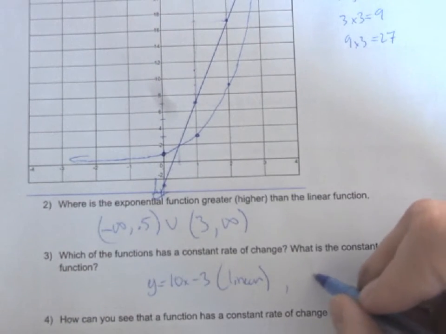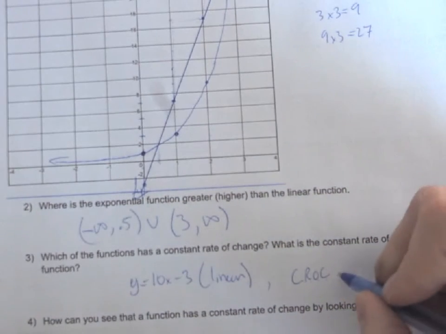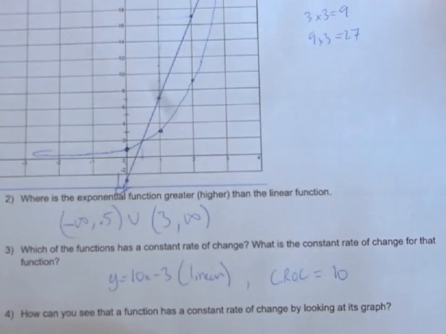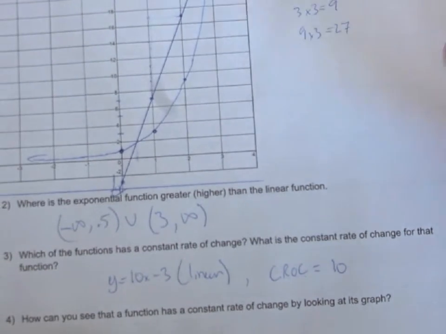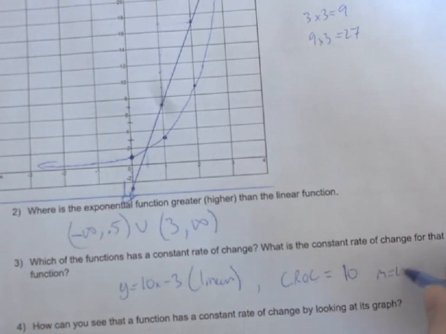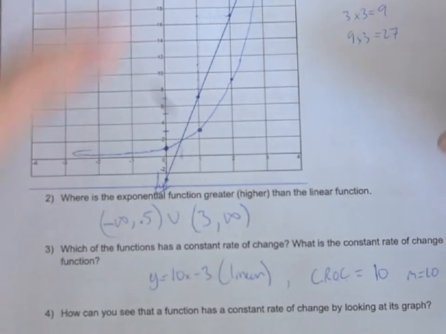And then the constant rate of change, I'm going to do CROC, croc for constant rate of change, is equal to 10. And remember, that's the slope. It's the same thing as slope. So you could also say m equals 10, because m is the letter we use for slope when we write y equals mx plus b.